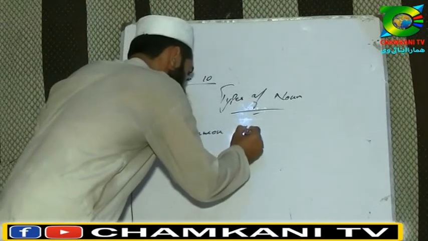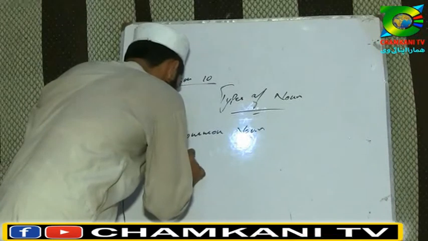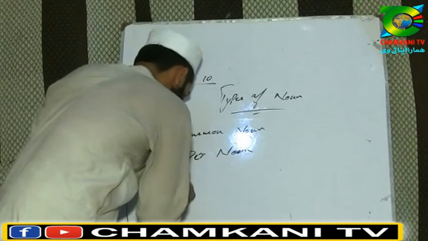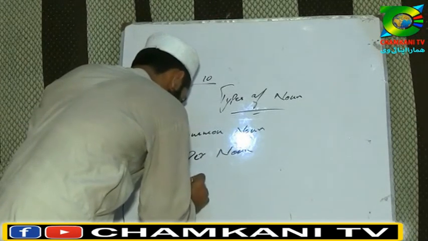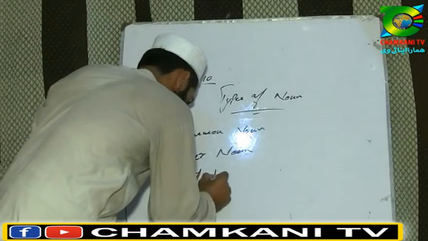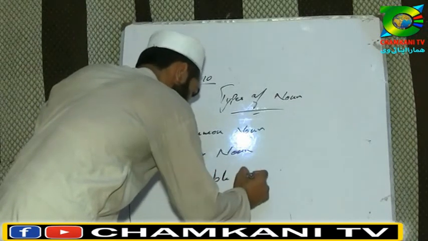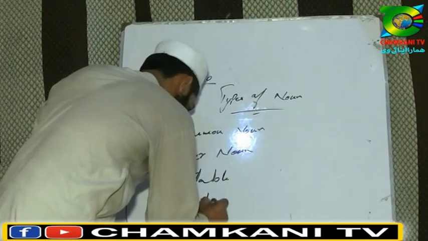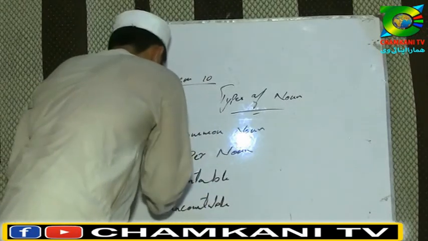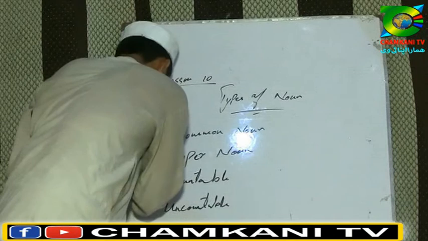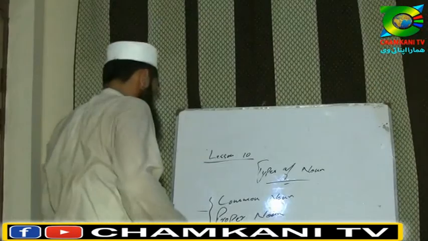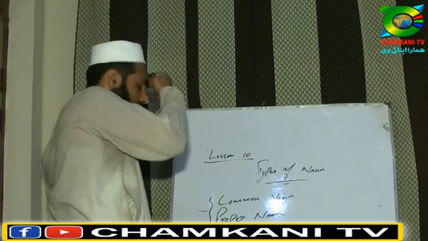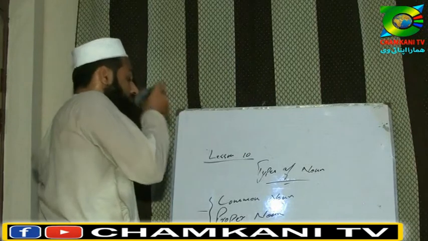Common noun, proper noun, and countable and uncountable. We will discuss 2 aspects of the types. One aspect is common and proper, and the second aspect is countable and uncountable noun.